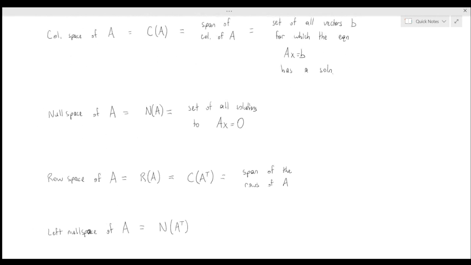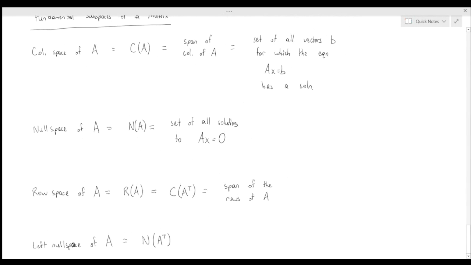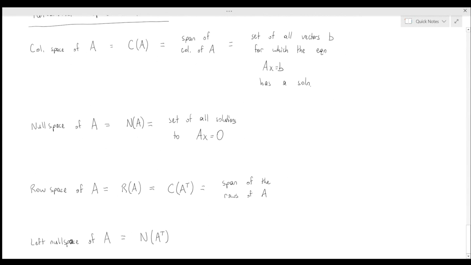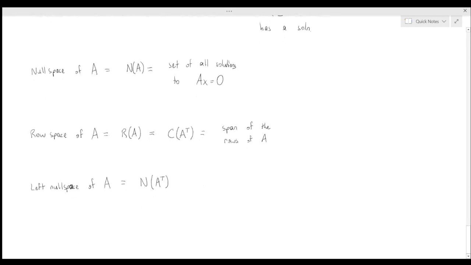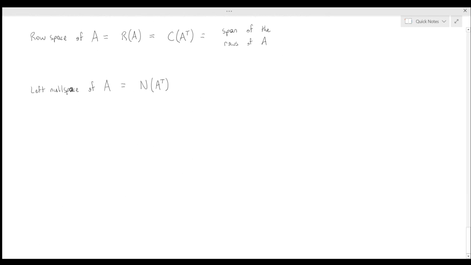Okay. Ultimately, there are 4 fundamental subspaces. So you have the column space of A, the null space of A. Then you also have the column space of A transpose and the null space of A transpose. And the column space of A transpose is the row space of A. The null space of A transpose is the left null space of A. Okay? And I'm going to quickly talk about how to find a basis for each of these 4 fundamental subspaces.